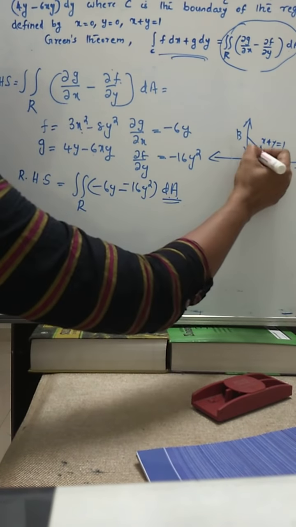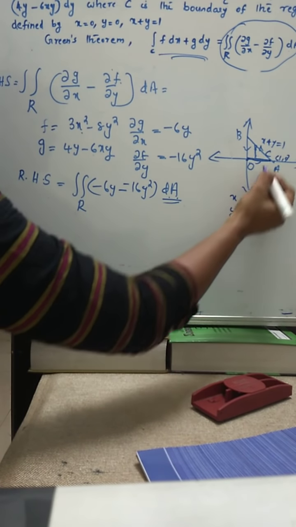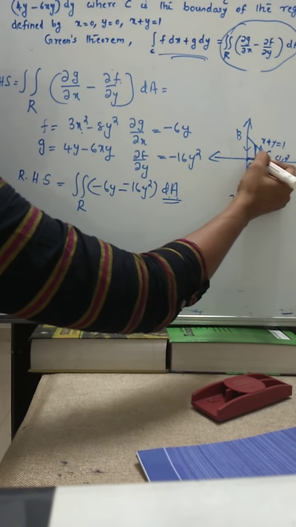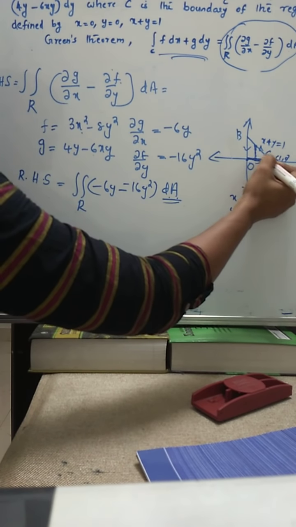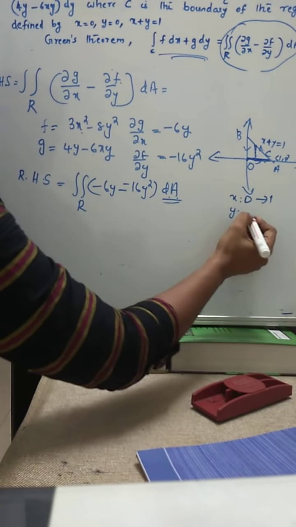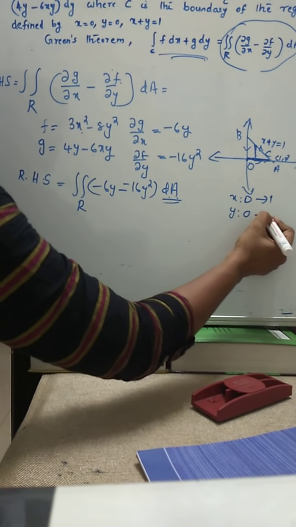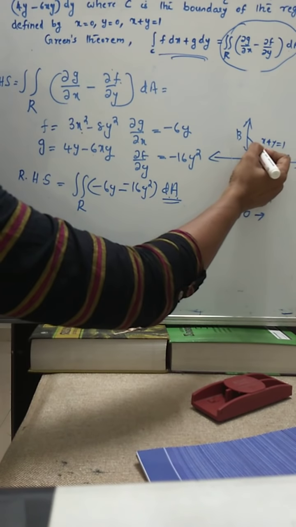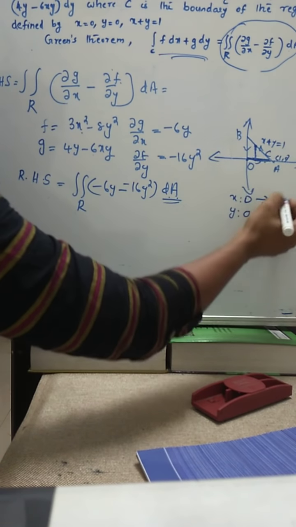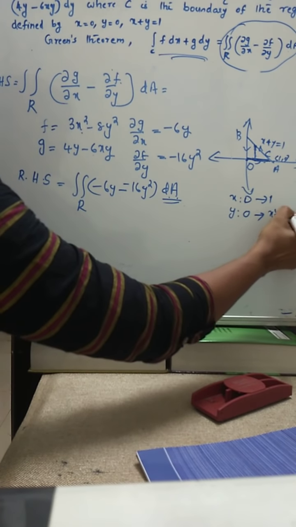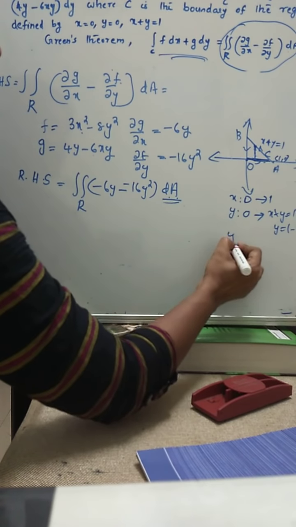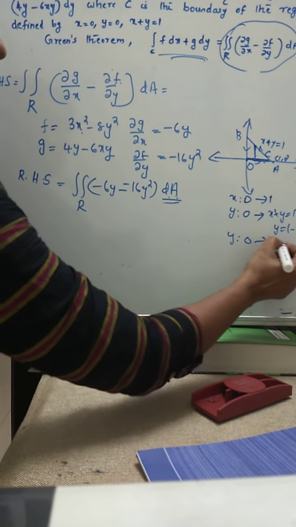And the variation of y is obtained by taking the bottom of the line, which touches the line whose equation is y equal to 0. So y varies from 0 to, and the top of this line touches the line x plus y is equal to 1, from where you get y is equal to 1 minus x. So y varies from 0 to 1 minus x.